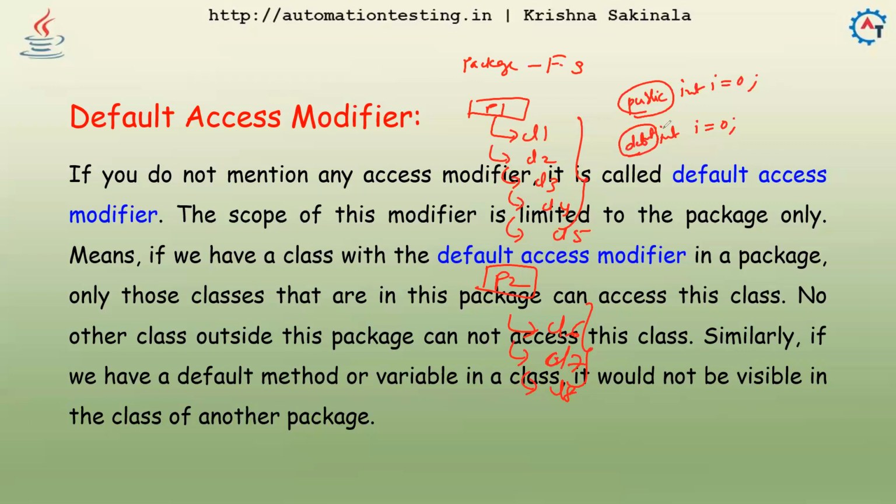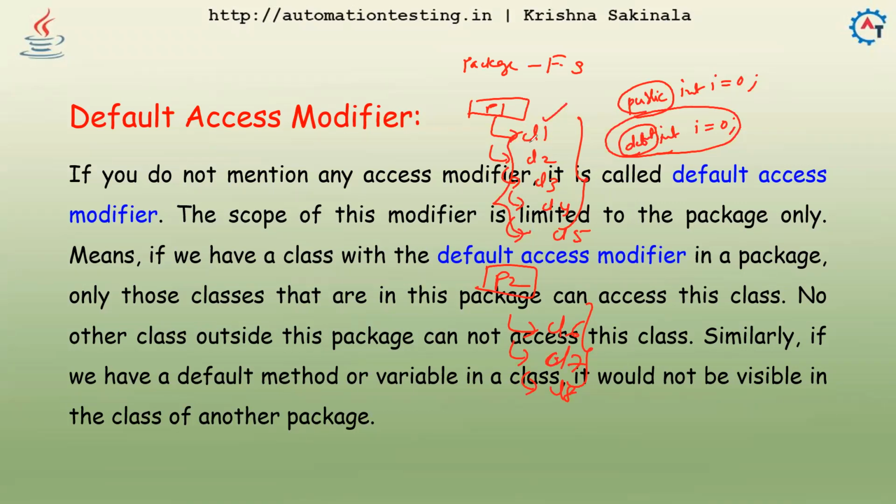If you do not mention public, private, or protected, then it becomes default. The scope of this modifier is limited to the package. So if you create any default thing in class 1, it can be accessed outside this class only by the other 4 classes.